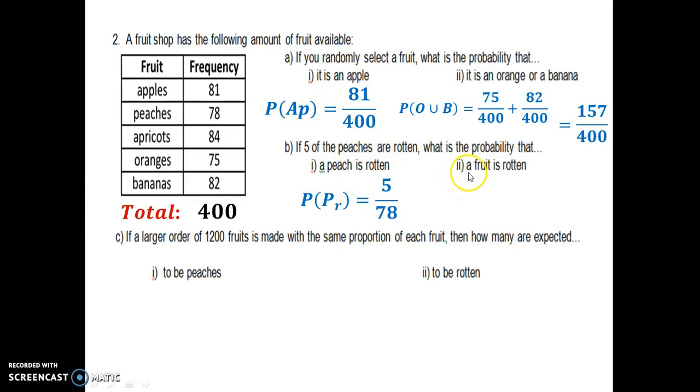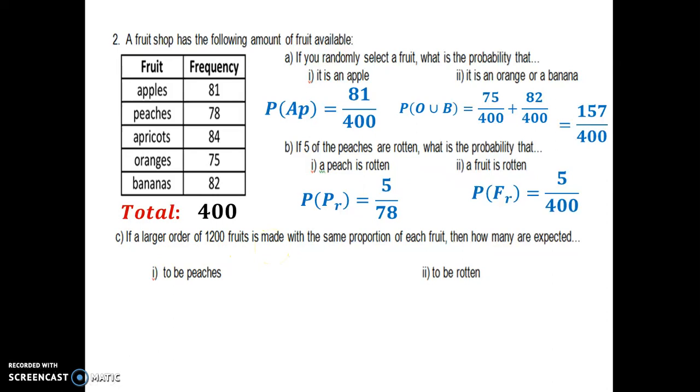Question 2 here though says, what is the probability that a fruit is rotten? So this changes what we're talking about. It's 5 out of the total 400, because we don't know that any others are rotten. All we know is that there's 5 rotten peaches, so 5 out of the total 400 are rotten, so that's your chance.